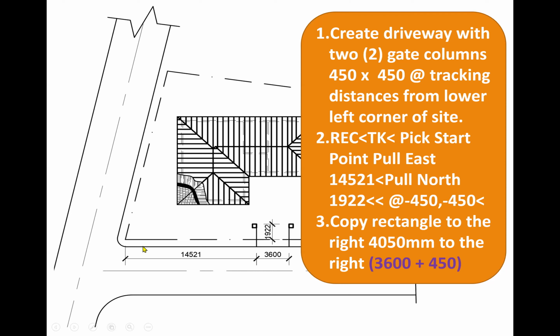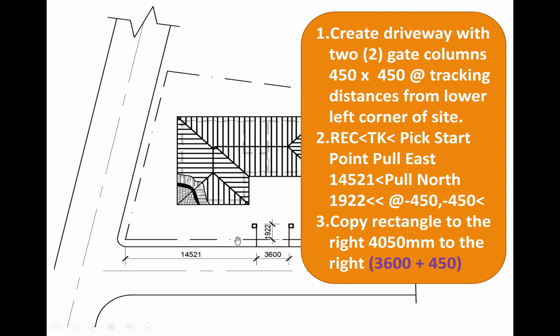And I'm going to track from that corner with that distance, 14521, and go up 1922. And then start drawing from the top right hand corner. So it means that we're going to go left 450 and down 450. So it's at negative 450, comma, negative 450, right? And then afterwards, we're going to copy the rectangle. So let's start with that.